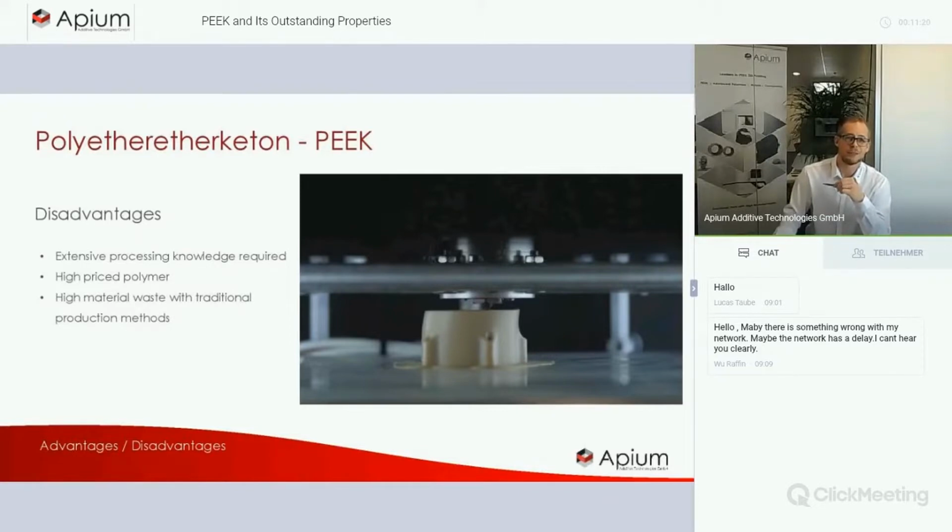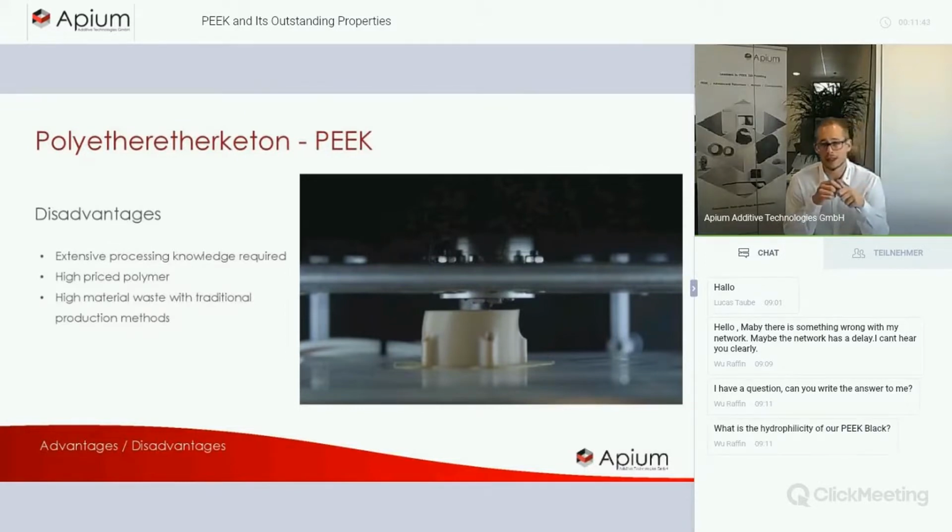Then disadvantages of PEEK. When we think of working with PEEK, we need a lot of knowledge how this material will be treated, especially in an FFF fashion, to get very good parts. Also, when you think of milling, you also need to know how to work with the material.